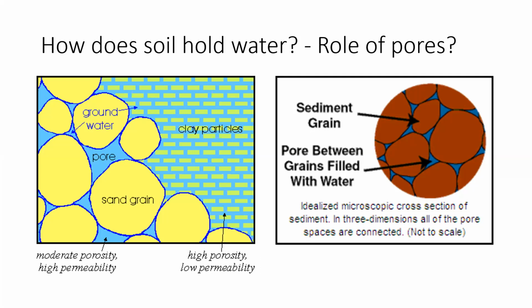Sand grains are so coarse that not much water adheres to them, and once the wilting point is reached, there is not much water to be sucked from the grains at all. Clay particles also hold a serious amount of water, but they hold that water so strongly that at some point the plants cannot suck it from clay particles. So it is really important to understand the texture to understand the water availability for plants.